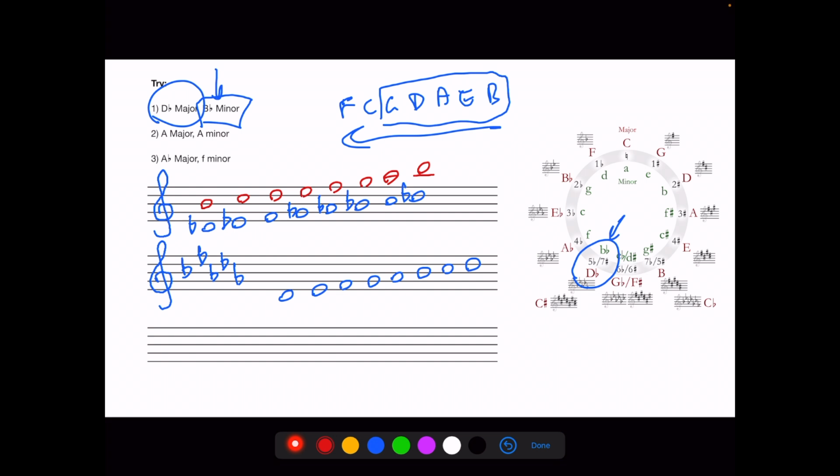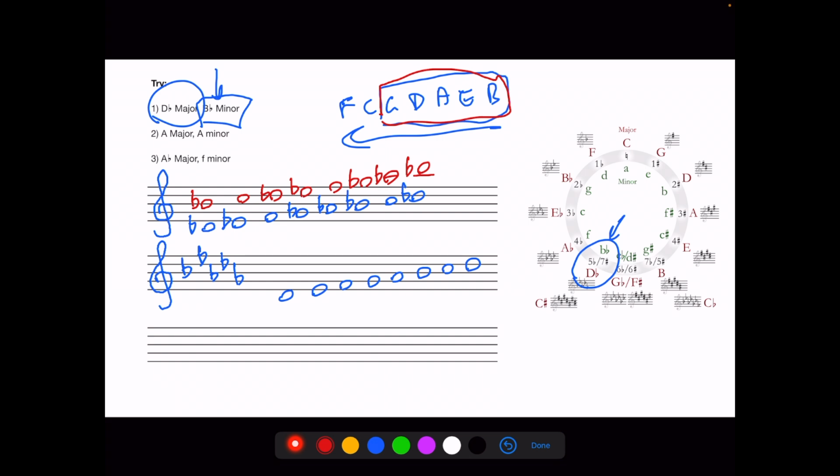But the number of flats are going to be the same. The notes that are flat will be the same. So B flat, C doesn't get flat, D flat, E flat, and then F, G flat, A flat, and B flat. And how do we know this? Well, it's right here. So that's a B flat minor scale without using the key signature.